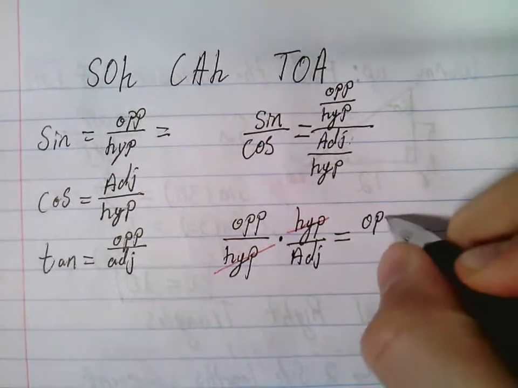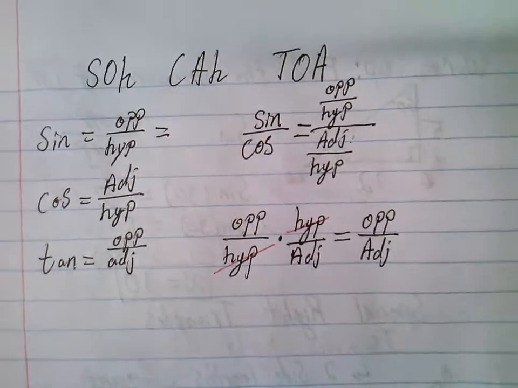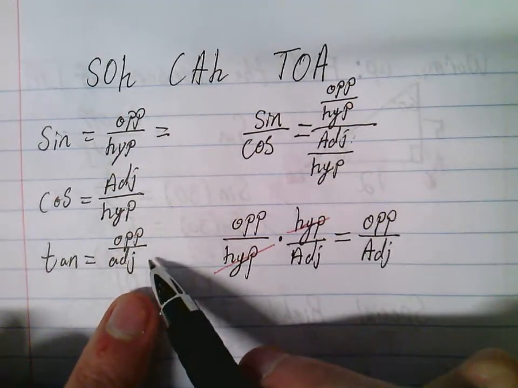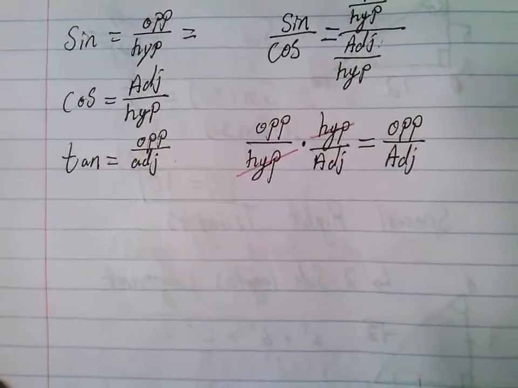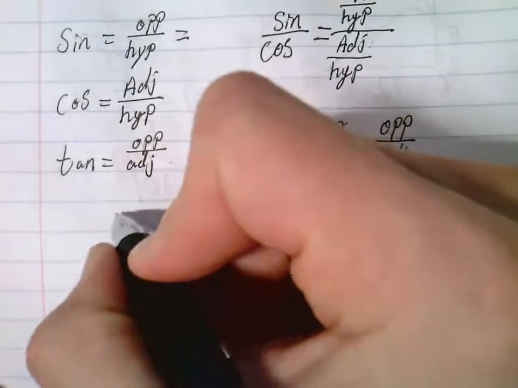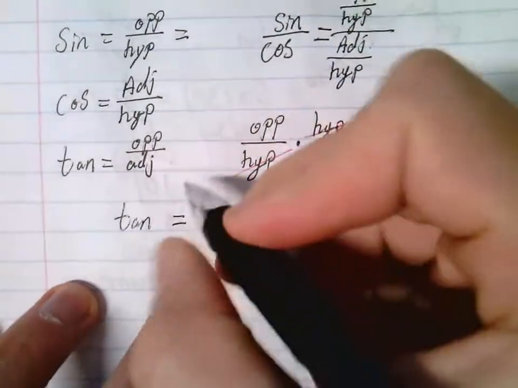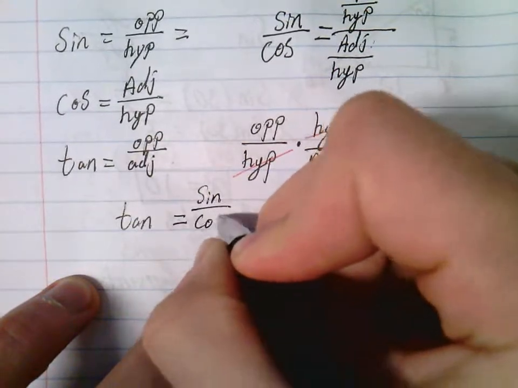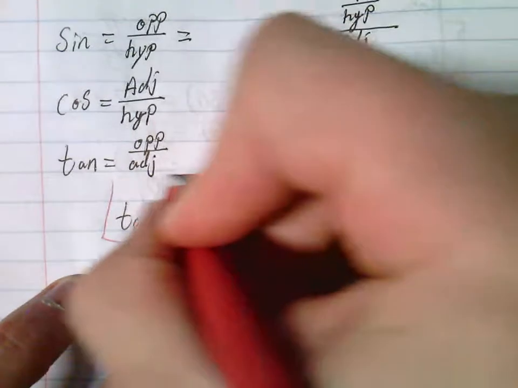And we get opposite over adjacent. Well, that's just tangent. So the point of this is to say that the tangent trig function is also equal to sine over cosine. And that's a pretty big idea for us.